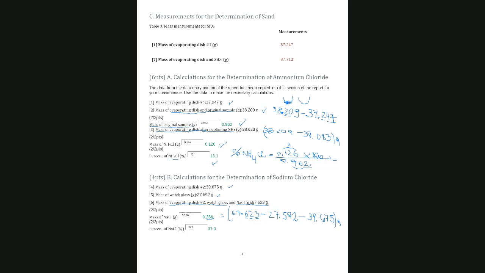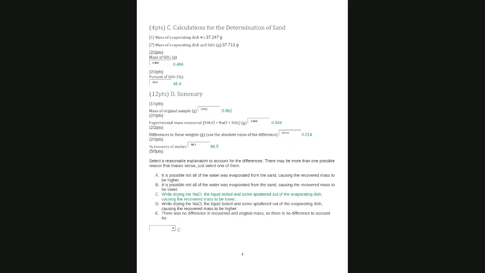So now we are going to look at what else they are asking you. The part C, similar to what we did. Basically, they give you the mass of the evaporating dish and sand, and you always do the same thing.